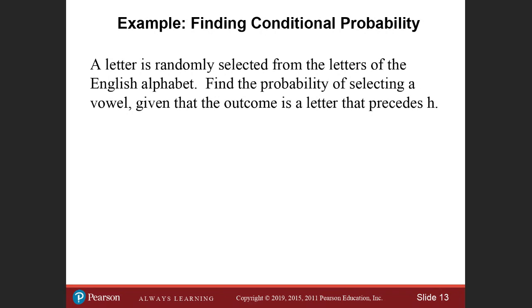So we have to have the sample space here. Our sample space is from A up to G, because that precedes the letter H. So we have A, B, C, D, E, F, G. The next letter would be H. So it precedes, so just up to G. So sample space A, B, C, D, E, F, G. Okay?